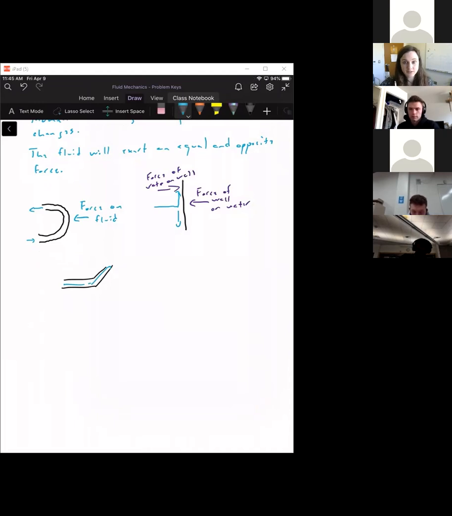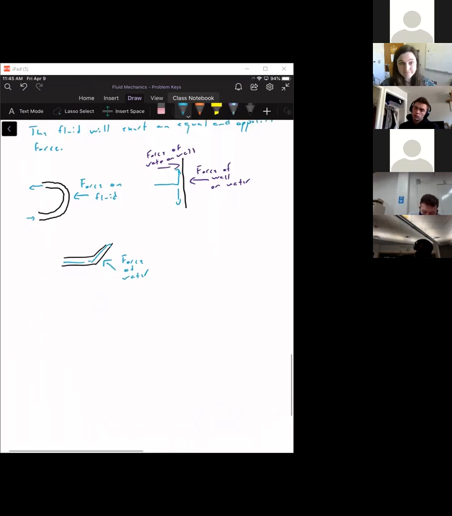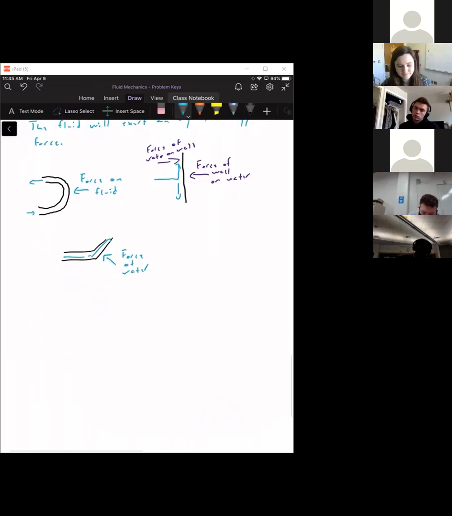What direction does it have to go? Like what direction you got to push that water to make it change like that? Up and to the left, like that, because you're pushing it up that way. Well, I guess it depends on what we're calling left and right. From my point of view, it's the left. Force on water points that way. That "on" looks a lot more like an "of." It does look like an "of." You are correct. On.